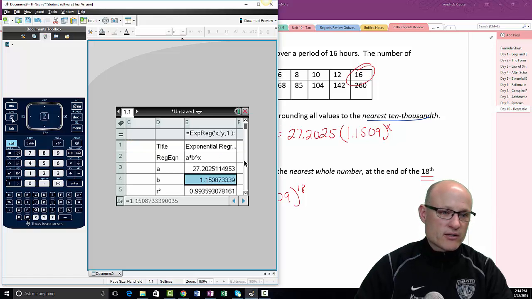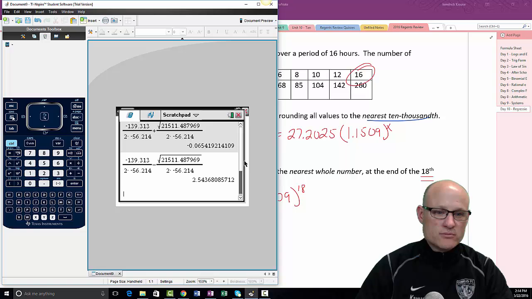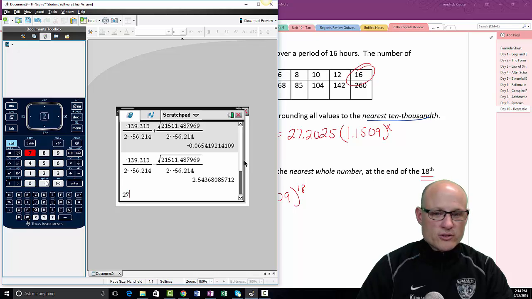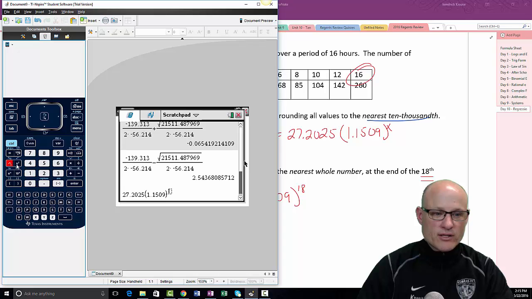So go over to our calculator. Boom, boom, boom. All right, so we're going to do 27.2025. Of course, I forgot the decimal. 27.2025 parentheses 1.1509 parentheses raised to the 18th power.